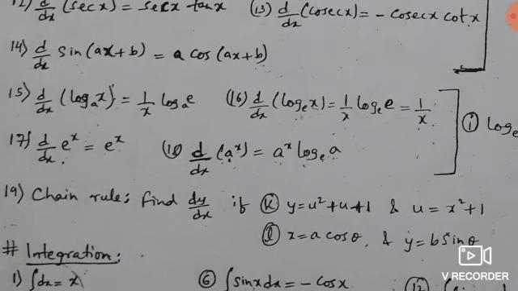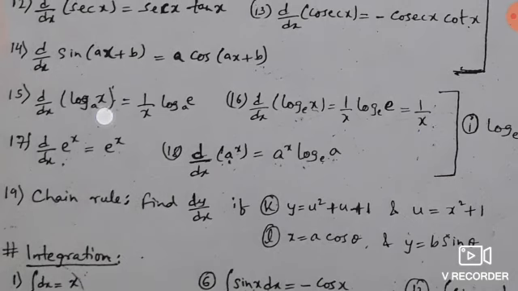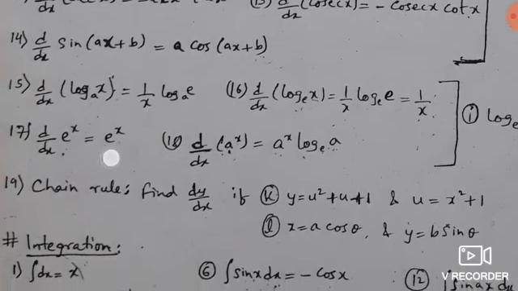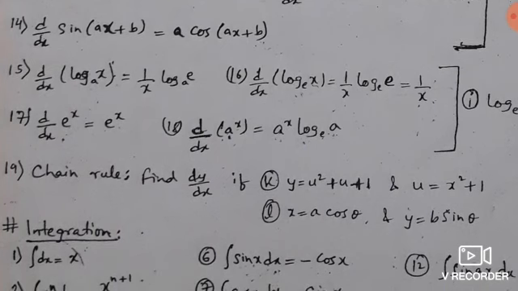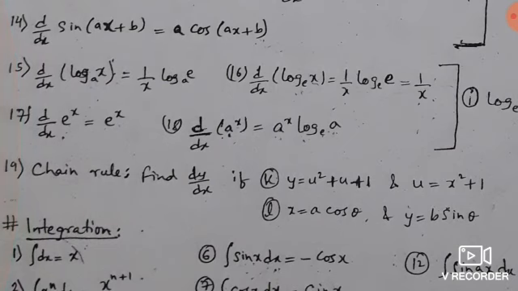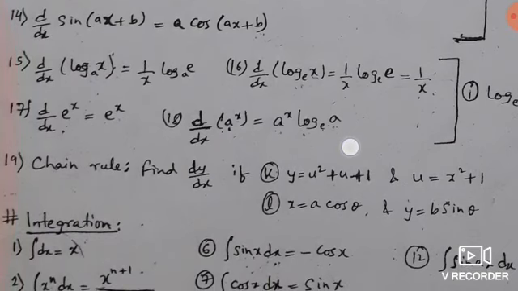So here it is a difference, it is log e x, it is log a x. One more thing, d/dx of e to the power x will give you e to the power x, meaning there is no change. d/dx of a to the power x will give you a to the power x log a.